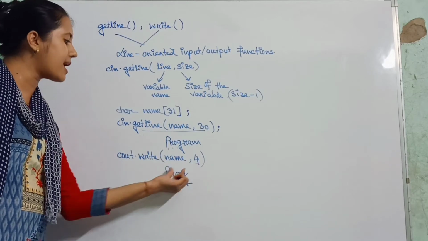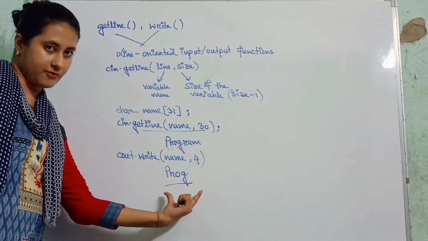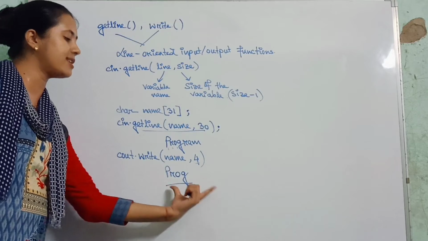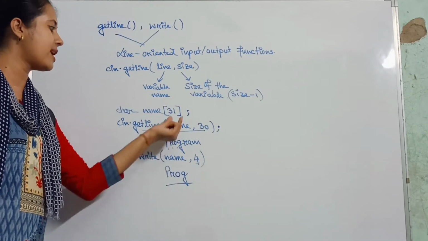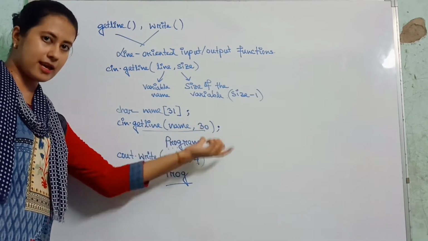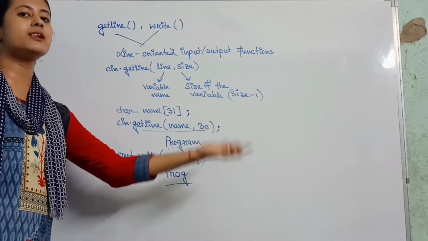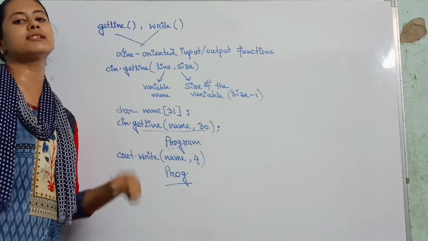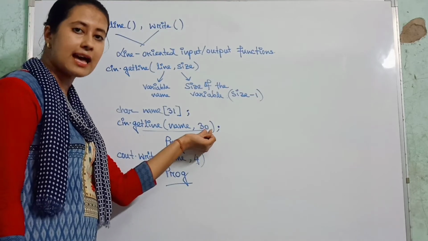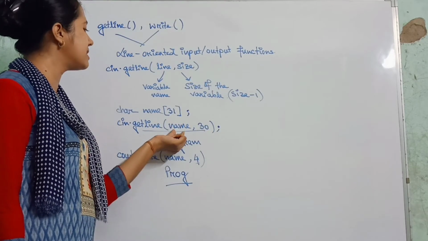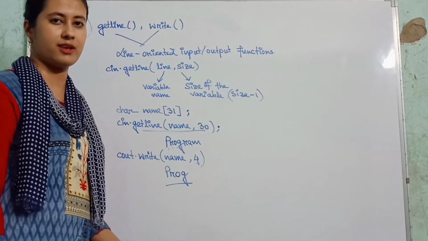This size will determine how much value of that variable will be displayed on our monitor. And this size will decide how much we can accommodate inside this particular variable.